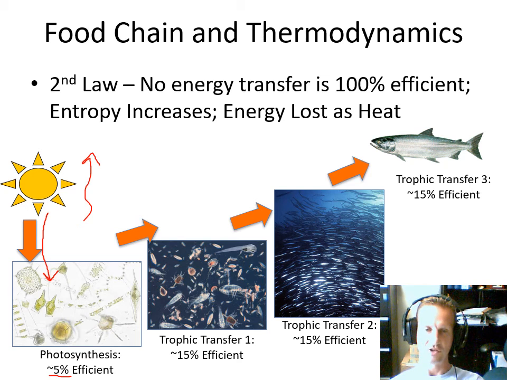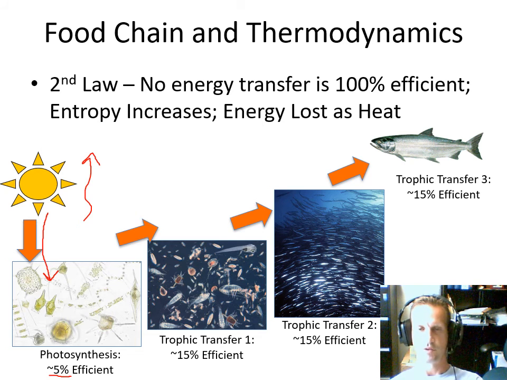Phytoplankton are eaten by zooplankton, and the trophic transfer efficiencies as you go from phytoplankton to zooplankton vary, but a rough number that's often used is maybe 10 or 15% efficiency. So that means that for every 100 tons of phytoplankton that's eaten, about 15 tons of zooplankton could be produced.